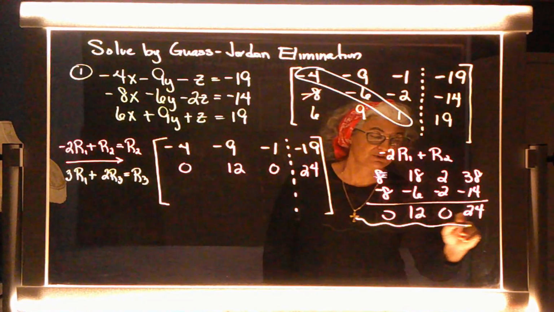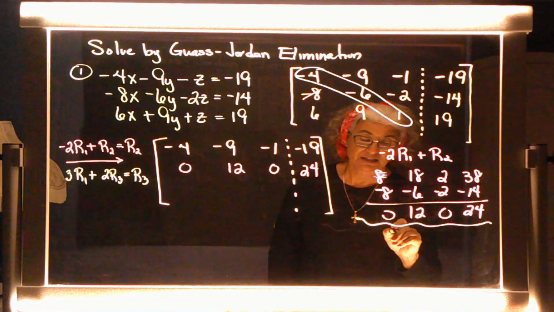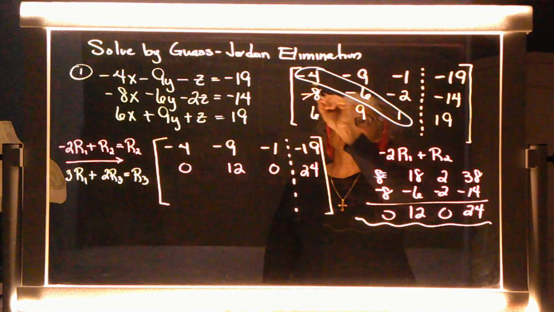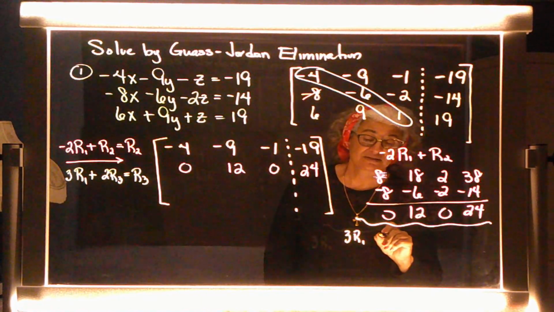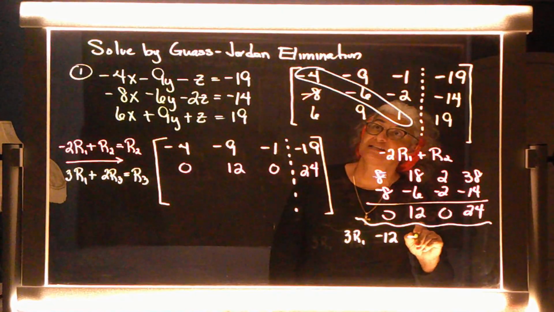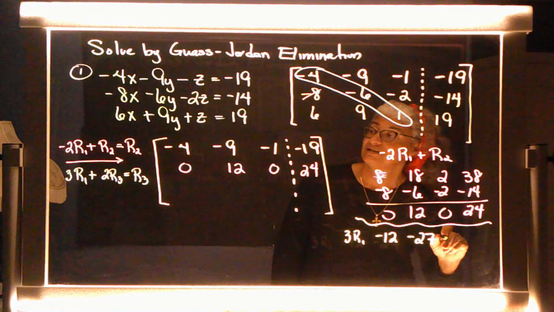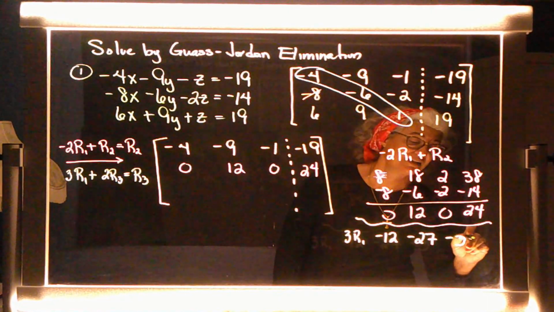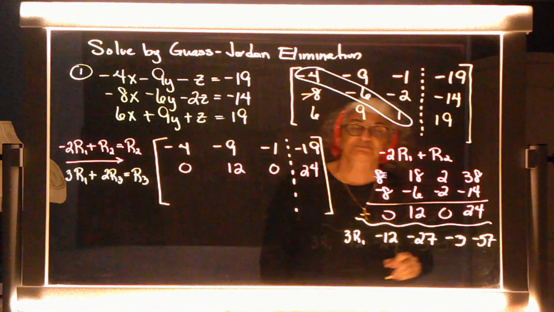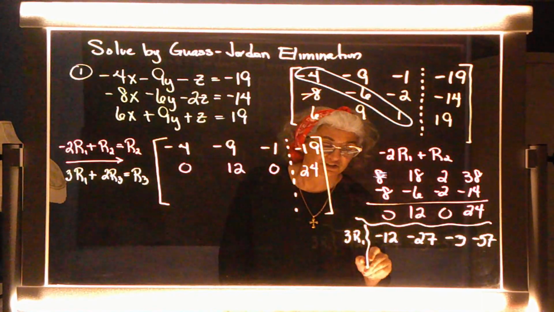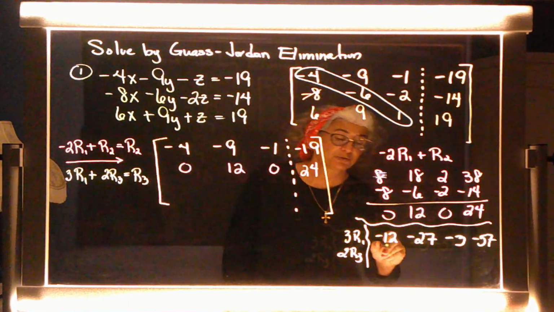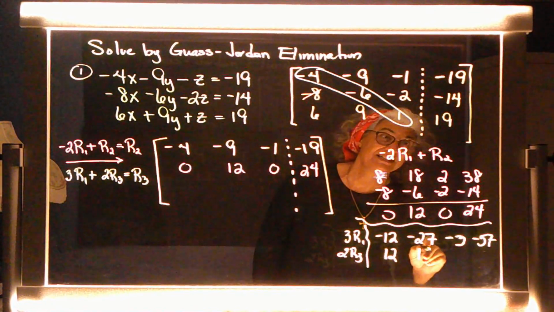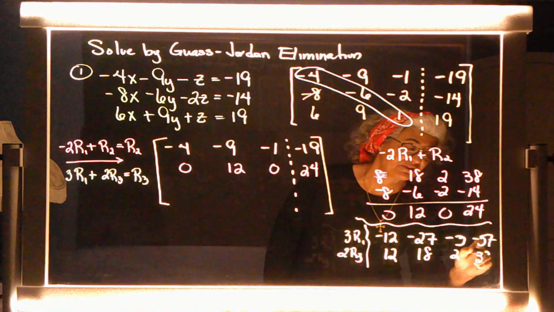So when you're looking at doing this work, you're going to do 3 times the first row, which would give us -12, -27, -3, and -57. And you're going to do 2 times the third row, which would be 12, 18, 2, and 38.